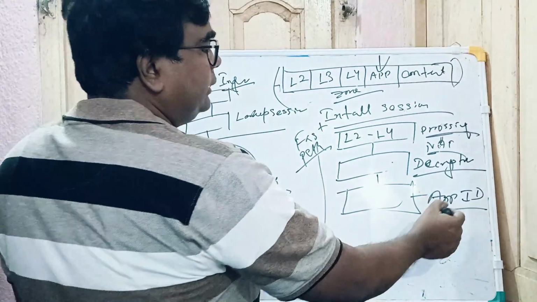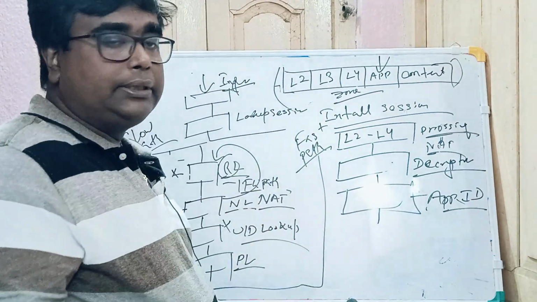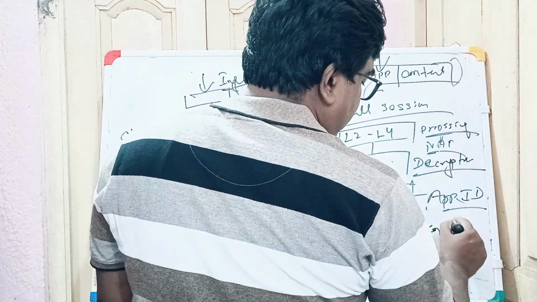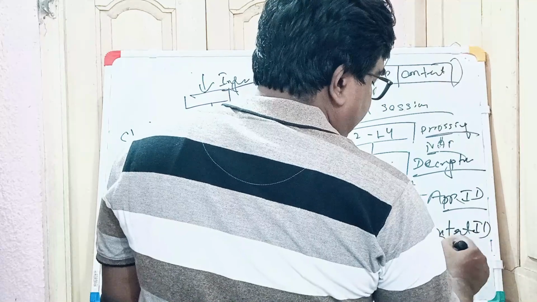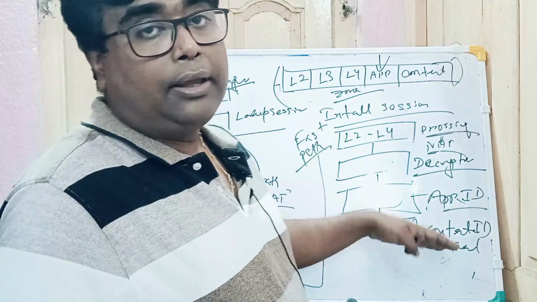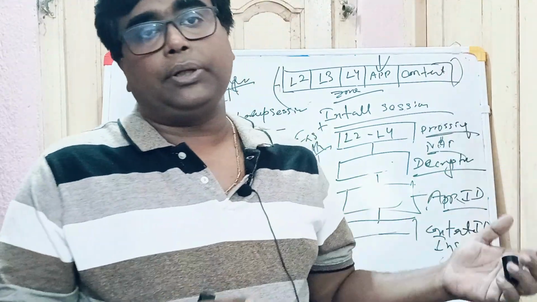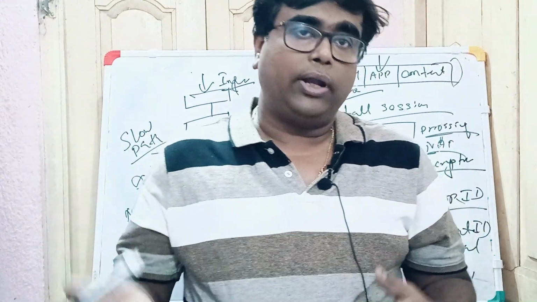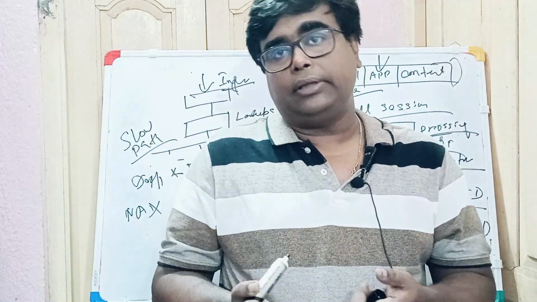After the packet is successfully processed in App-ID, if it is not dropped, it comes to the Content-ID check, or inspection. In Content-ID inspection, we check packet content information such as antivirus, URL filtering, and whether the file is right or not.